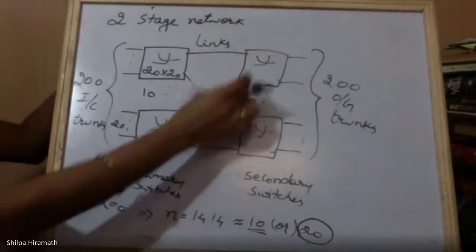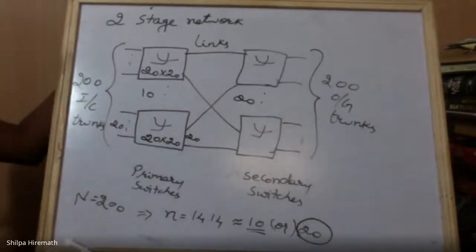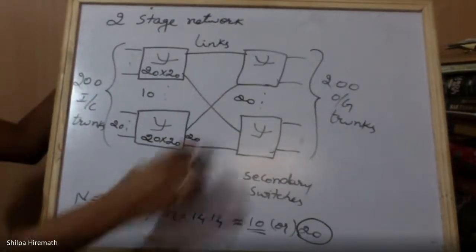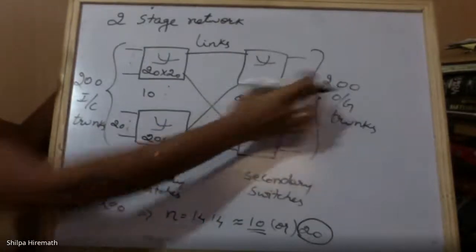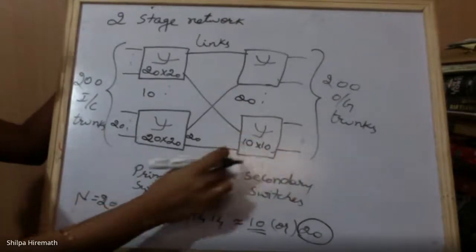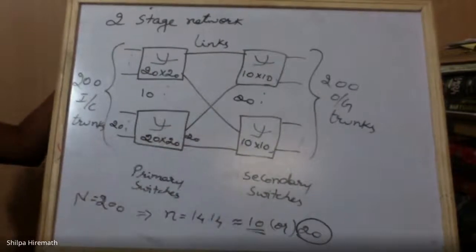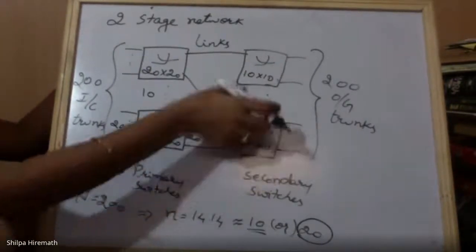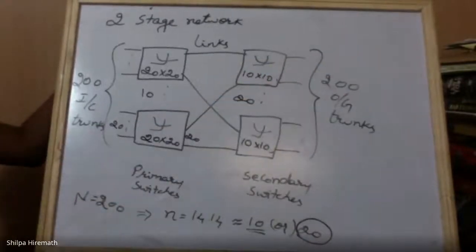Then what will be the inlets and outlets of a secondary switch? By what factor must I multiply 20 to get 200? It is nothing but 10. So 10 cross 10. The secondary switch has 10 inlets and 10 outlets. So such 20 switches are required in order to connect to 200 outgoing trunks.